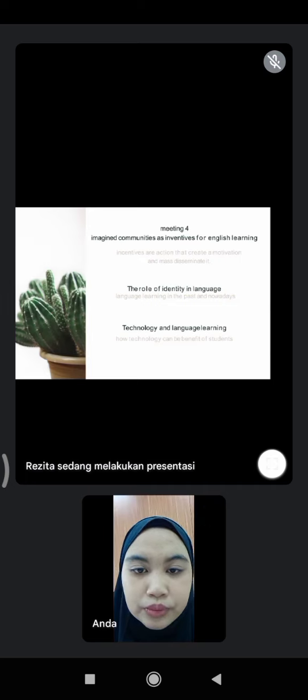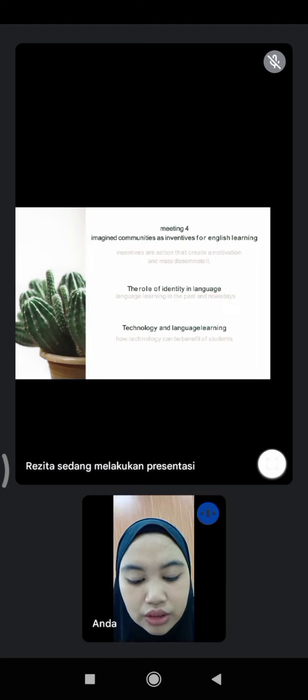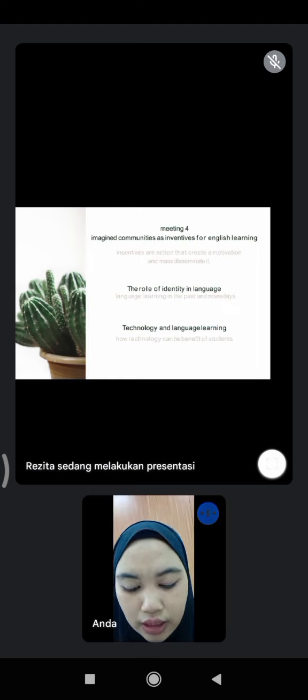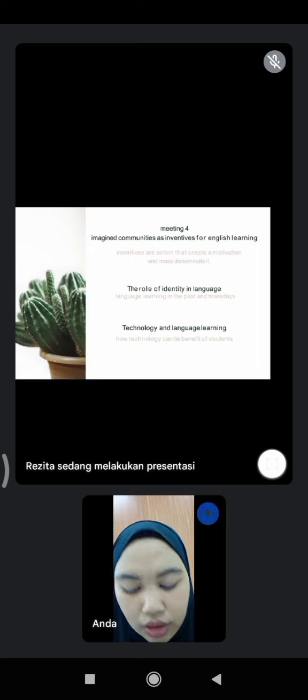The formatting, we have six subfields. The first is imagined communities as incentives for English learning. Incentive means an action that creates motivation.